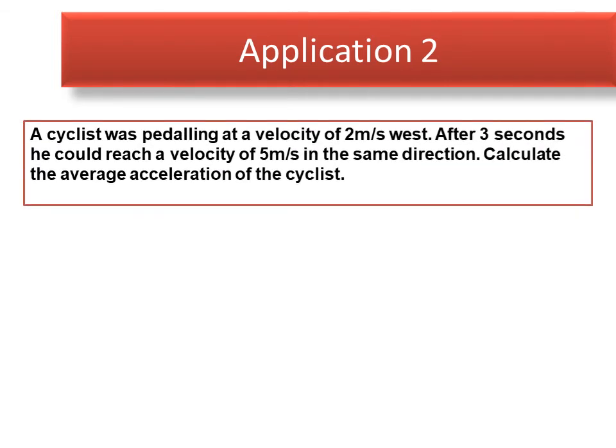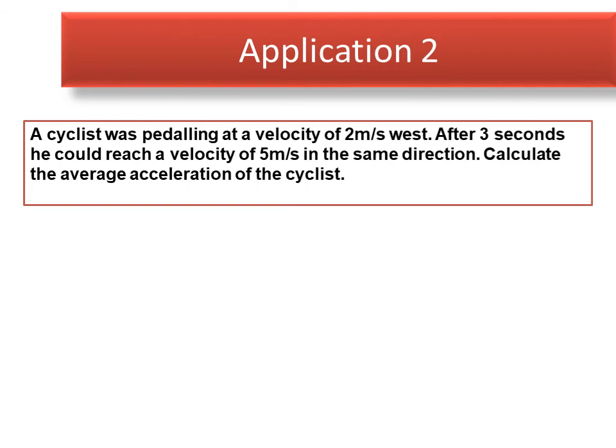Now we will start application again. Application 2, prepare your copybooks. Copy the question, please, and you solve. A cyclist was pedaling at a velocity of 2 meters per second west. After 3 seconds, he could reach a velocity of 5 meters per second in the same direction. Calculate the average acceleration of the cyclist.